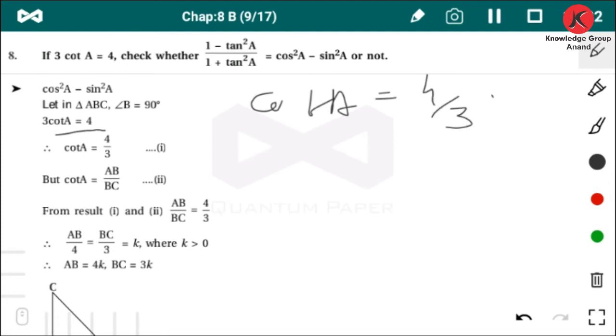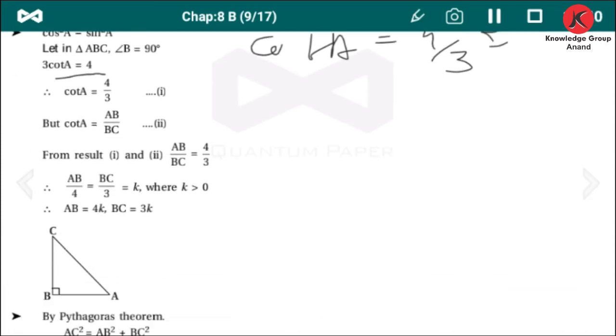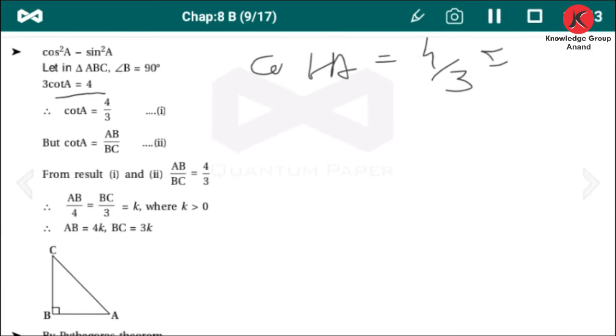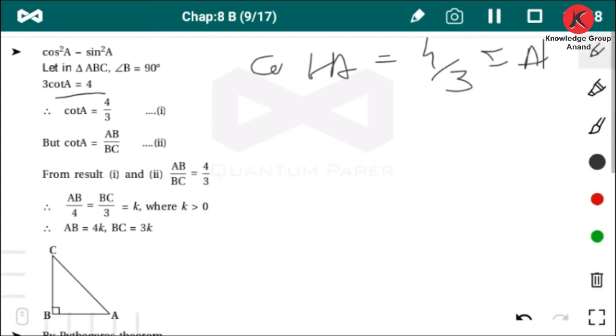Now cot is equal to adjacent upon opposite. Where is cot A? Here in cot A, adjacent AB upon BC. Then we write here AB upon BC.